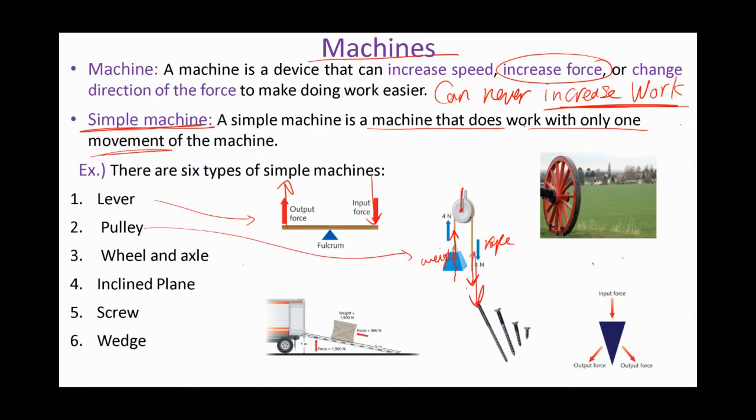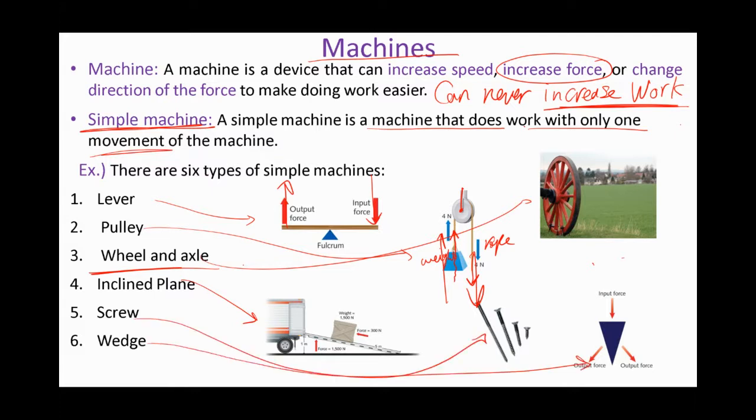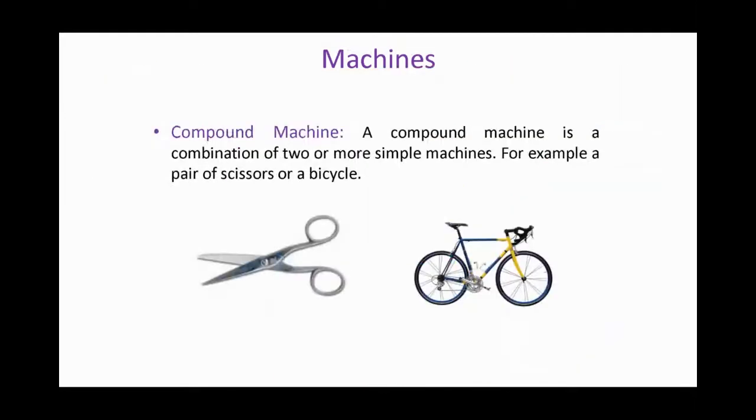Pulley, you might pull the rope so it lifts the object. Okay. Inclined plane, the same as the one we have just discussed. The wheel, okay. The screw, the wedge. Okay. All of these are simple machines. Yeah, the word ideal means مثالي.